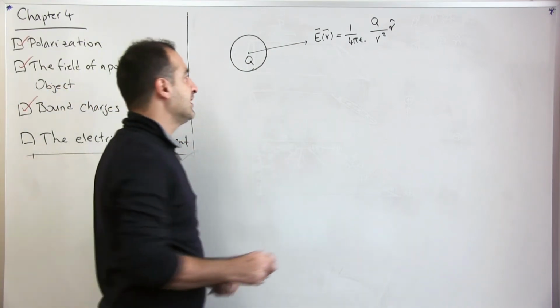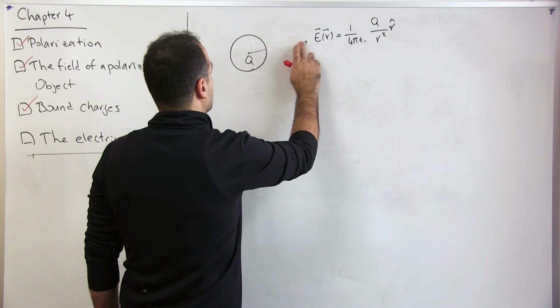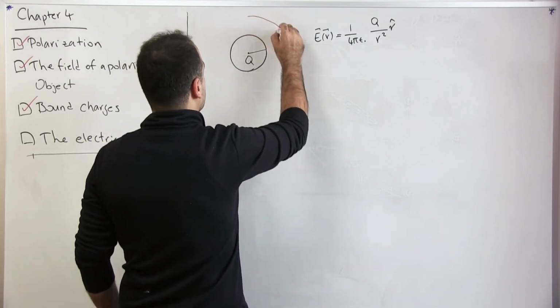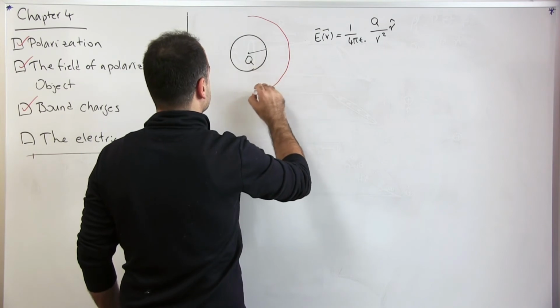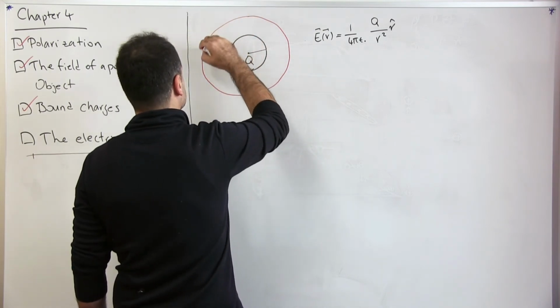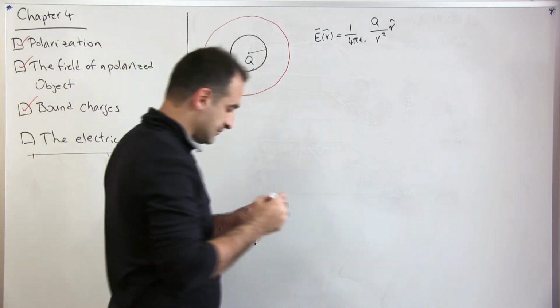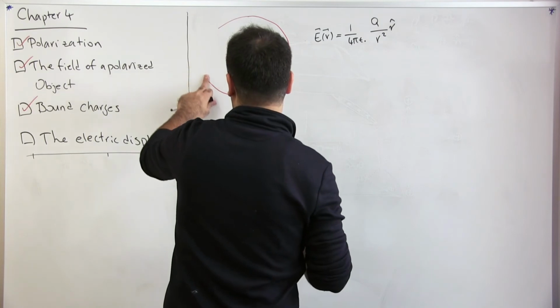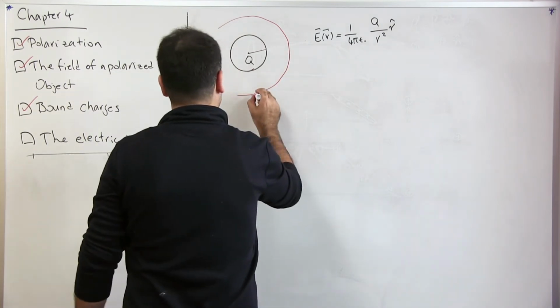So imagine what you do is that you cover this by a plastic. Okay, so it's very asymmetric. Let's fix this one.